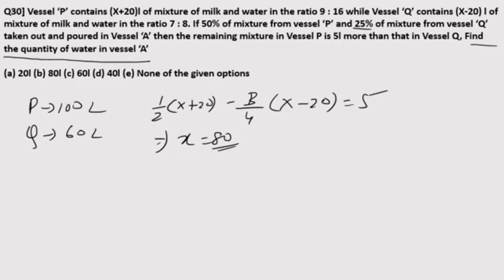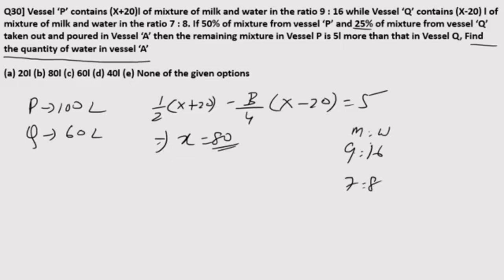See one thing, in vessel P the ratio of milk to water is 9:16, and in vessel Q the ratio is 7:8.